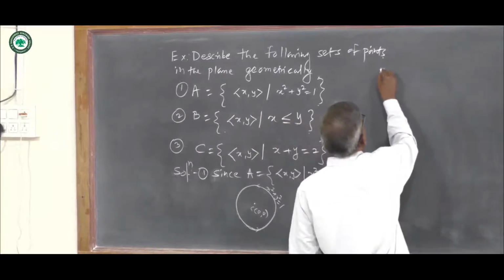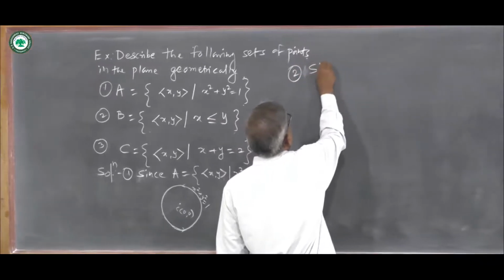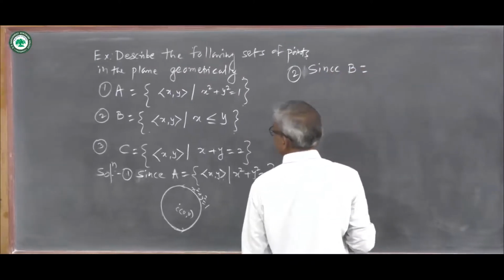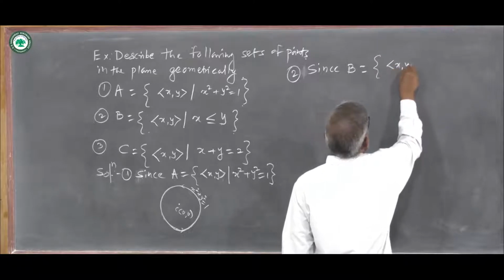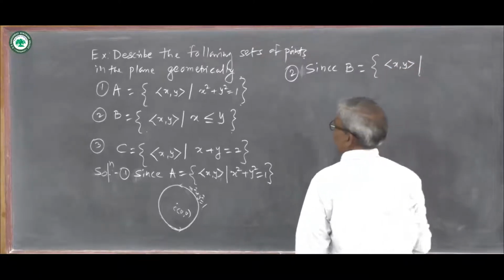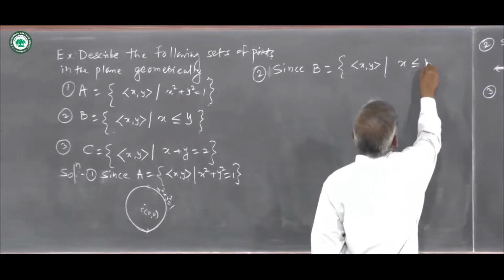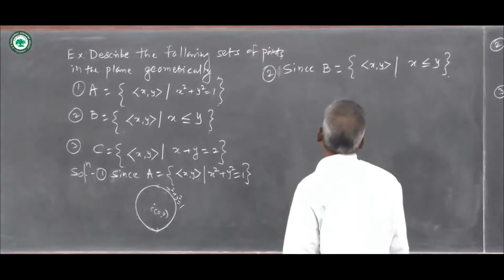Capital B, number 2. Since capital B is equal to the set of all (x, y) such that x is less than or equal to y, it consists of all points whose x value is less than or equal to y.